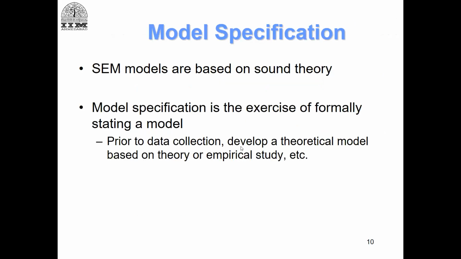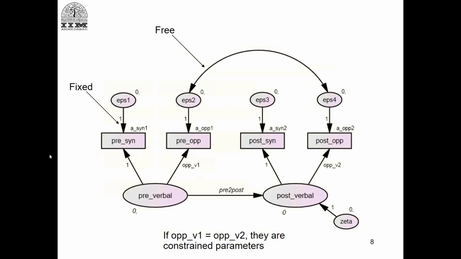So if we were to go back to this diagram, you should ask, why is this path constrained to 1? Okay, that should be a logical question that should come to your mind. Why did we need to constrain this path to 1?